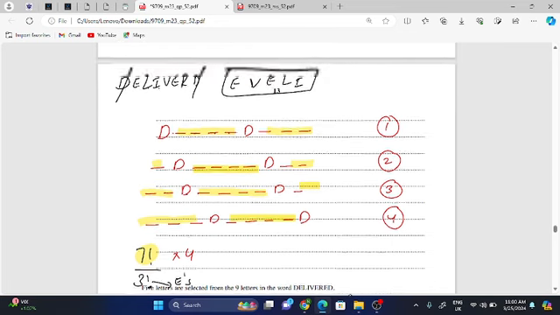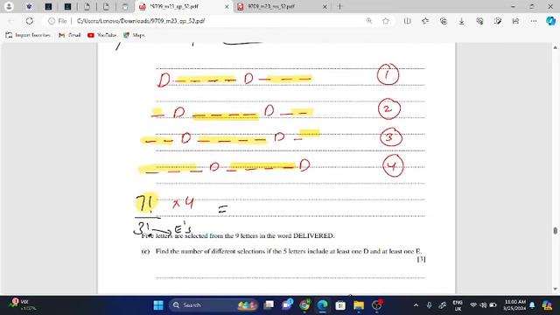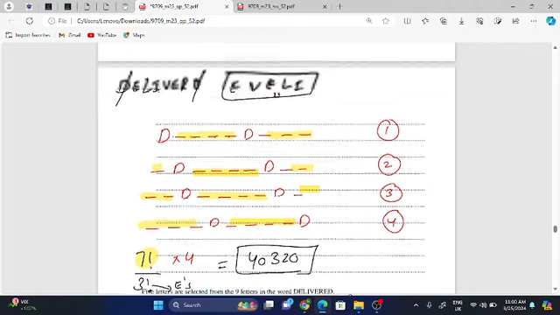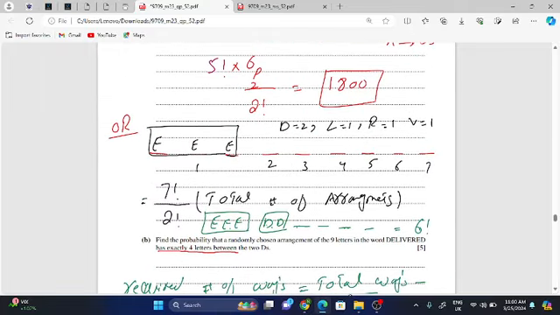So number of ways through which you can arrange it is 4, 0, 3, 2, 0. This is the number of ways through which you can make a combination. But if you go back to the question, you can see the probability that a randomly chosen arrangement of 9 letters in the word has exactly 4 letters between that.